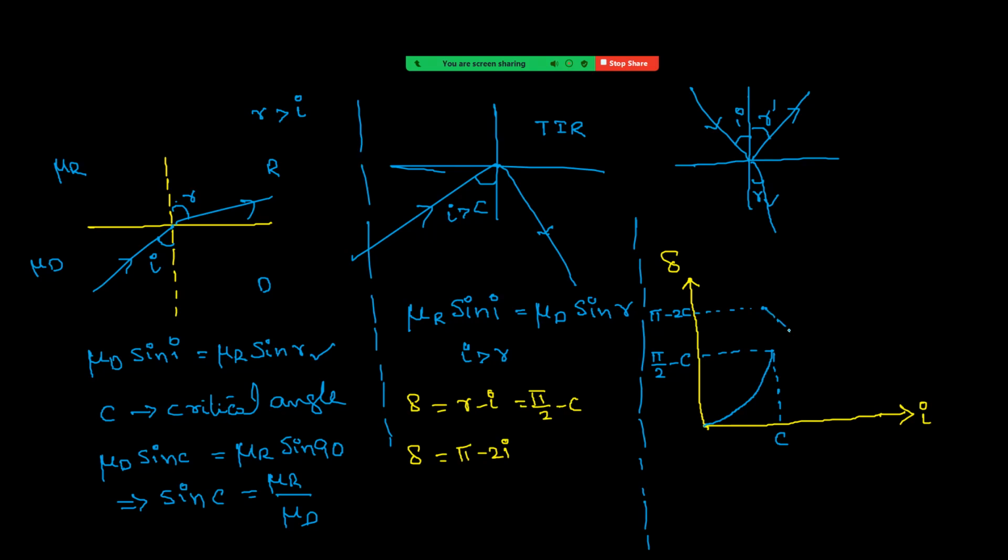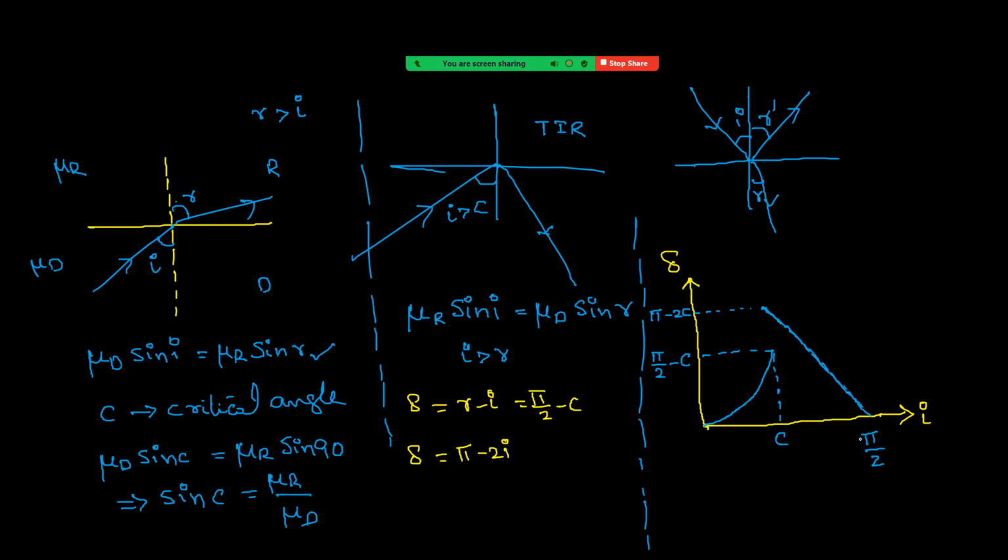Then see how the graph is now. It is a straight line. This is now the graph. It is a straight line having negative slope. And this becomes 0 when I value is 90. You can see here, if I equals 90, meaning 2 into pi by 2, then deviation becomes 0.